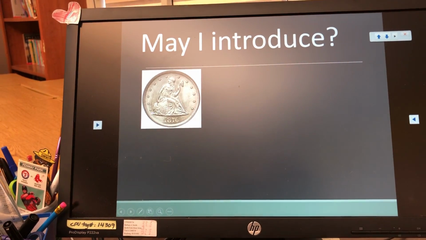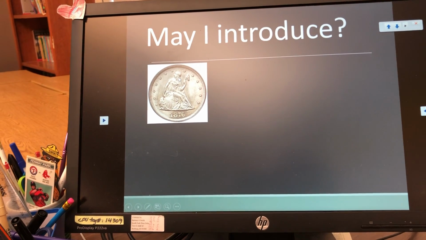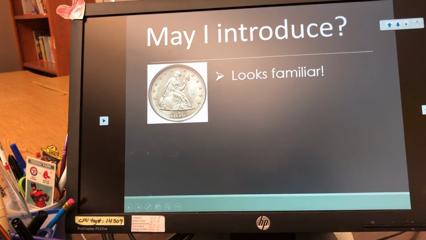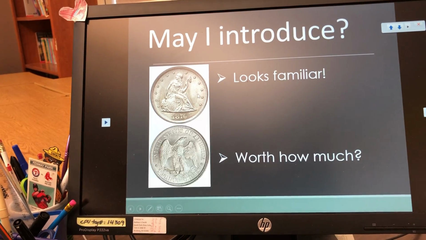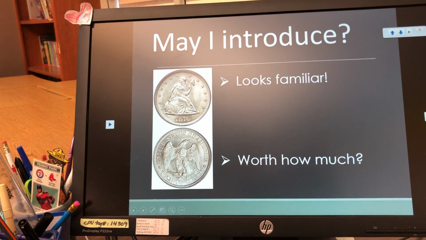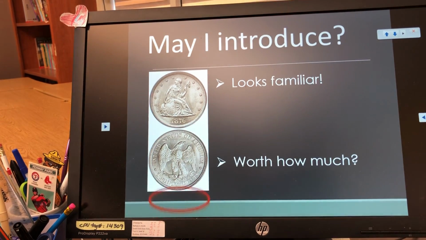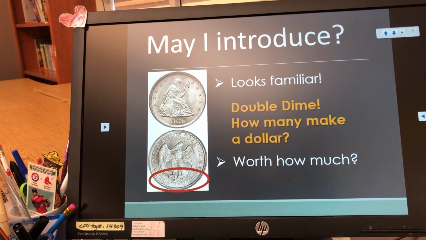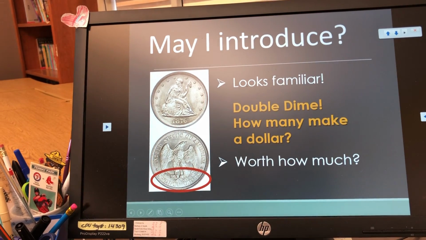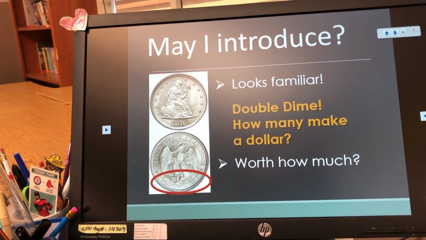And then may I introduce resting liberty. She sure looks familiar. And I wonder how much this is worth. 20 cents? This is called a double dime. How many double dimes make a dollar? Think about that for a minute.